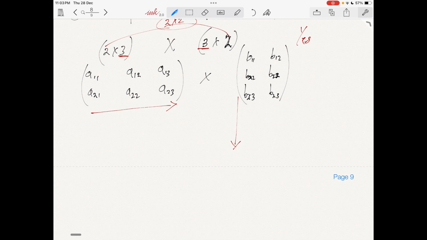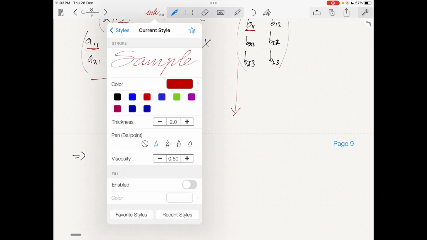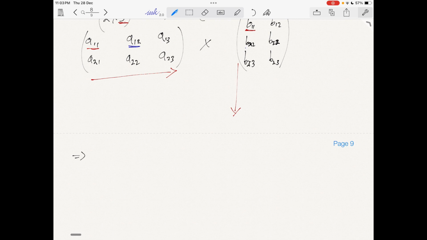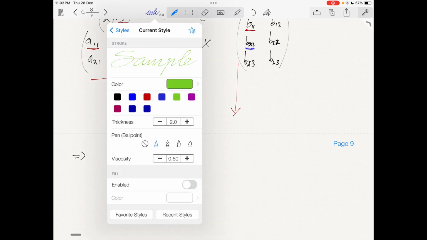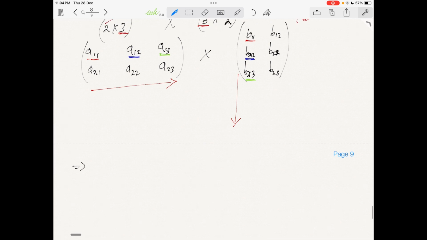Okay, so now to get the first row, I'm saying that this is multiplying this, and this is multiplying this, and this is multiplying this. Now the row element is multiplied by the column element.